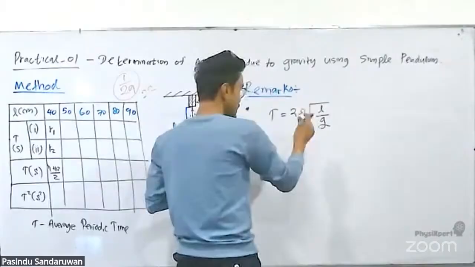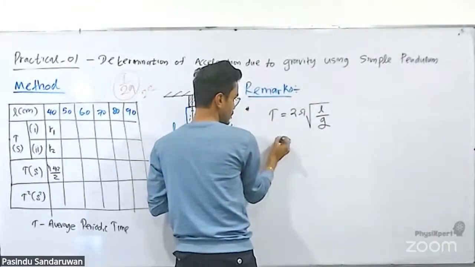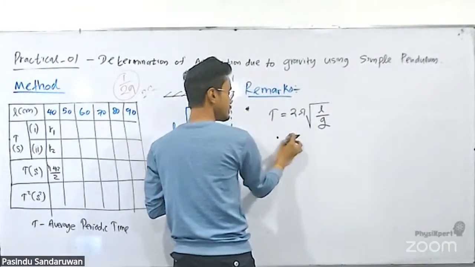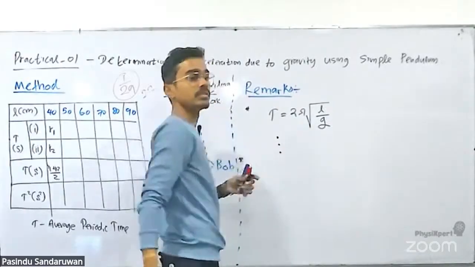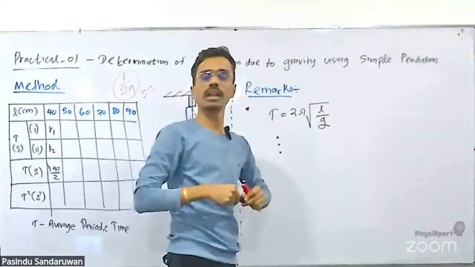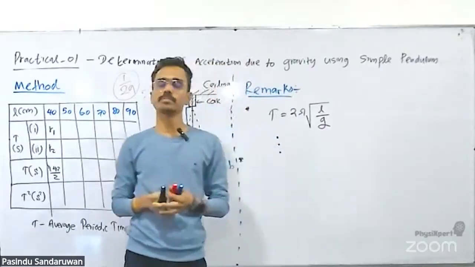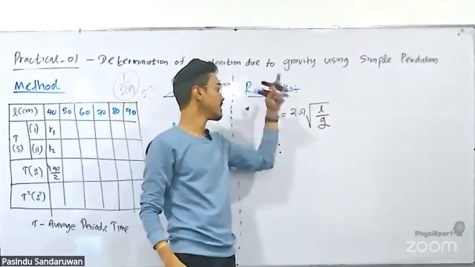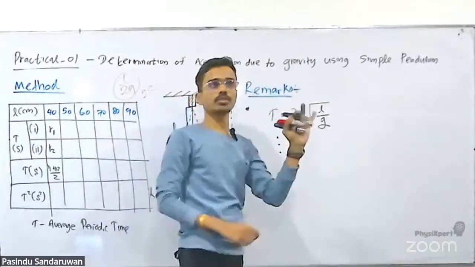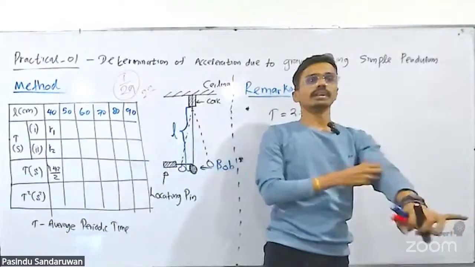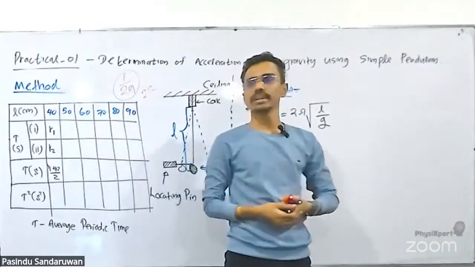Under that main point, first bullet point, there are three conditions. First one: only for small angles. I mentioned that earlier, and I mention it again here in the remarks. These are the most important things you need to know to conduct the experiment without errors.